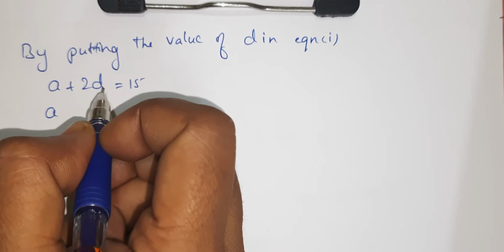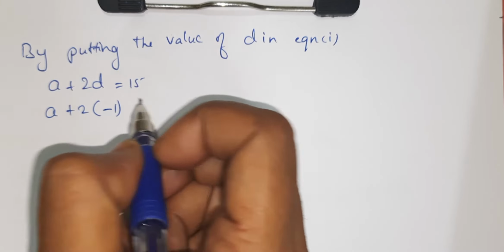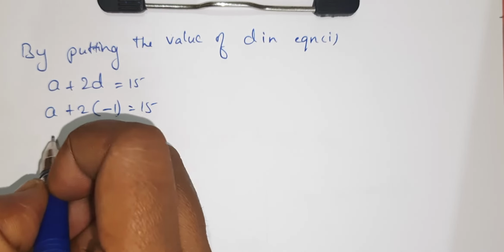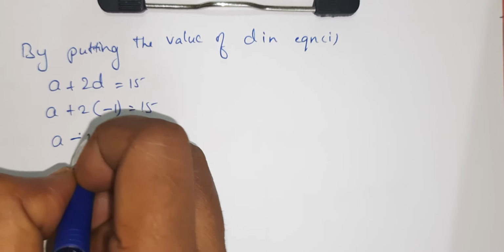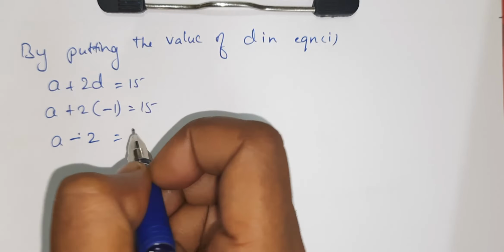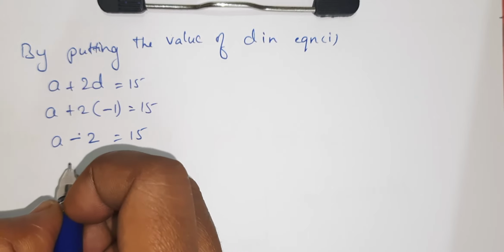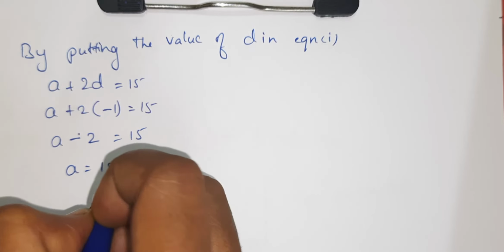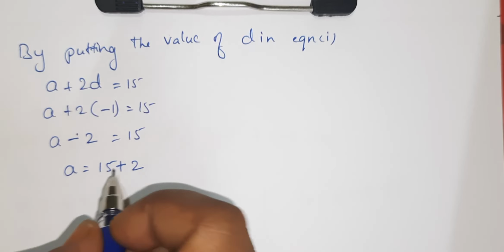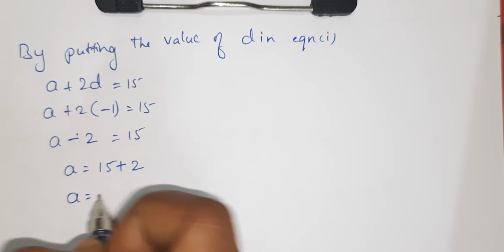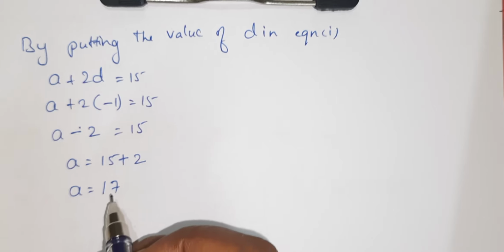Here we are going to replace d with minus 1. 2 into minus 1, it is minus 2. 2 ones are 2, which is equal to 15. a equals 15 plus 2. We are transposing minus 2 to RHS. It becomes plus 2. 15 plus 2, it is 17. So the value of a is 17.